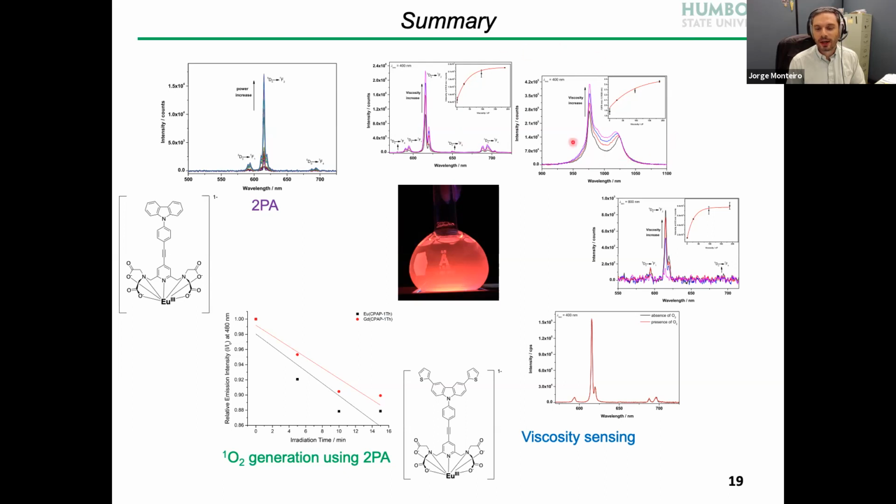We can use this particular complex for viscosity sensing using 1-photon and 2-photon, and also in the NIR, insensitive to oxygen. And by attaching an extra functionality to the carbazole ring, we can generate singlet oxygen using 2-photon absorption.